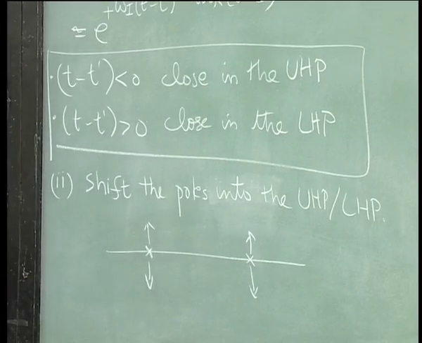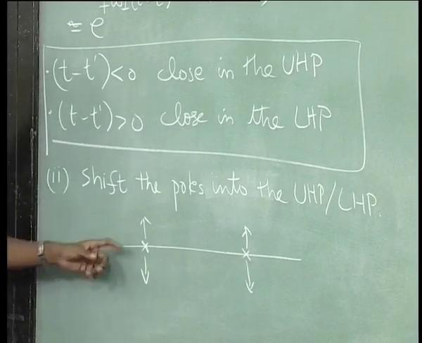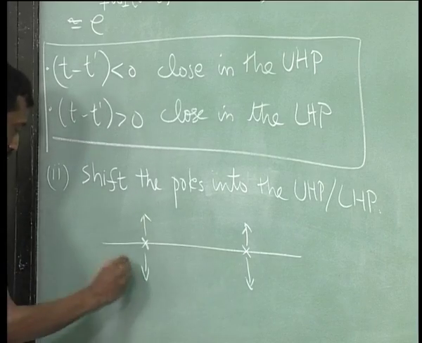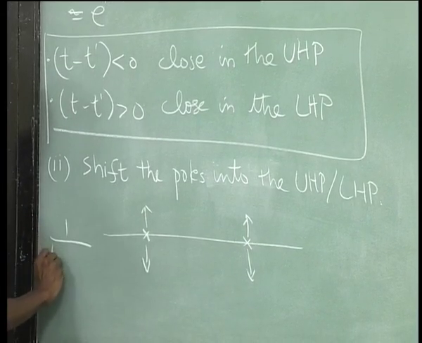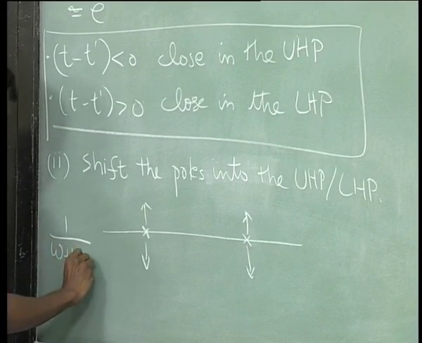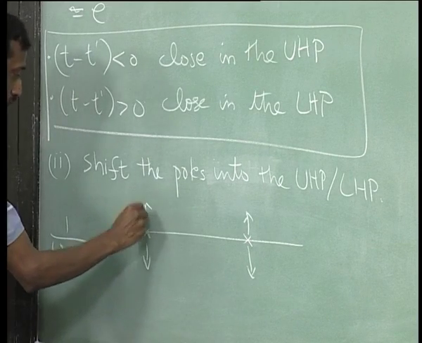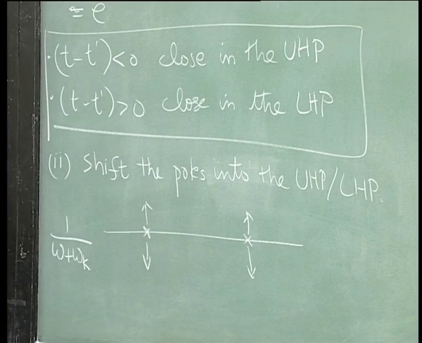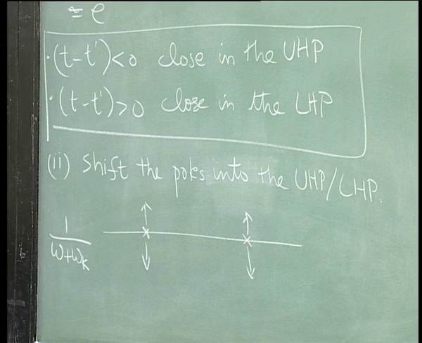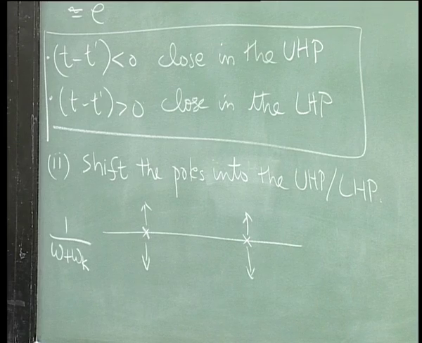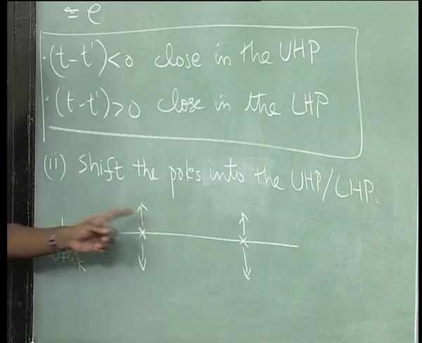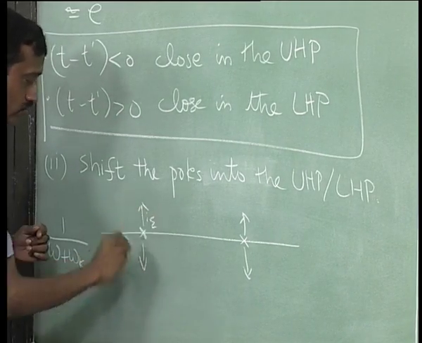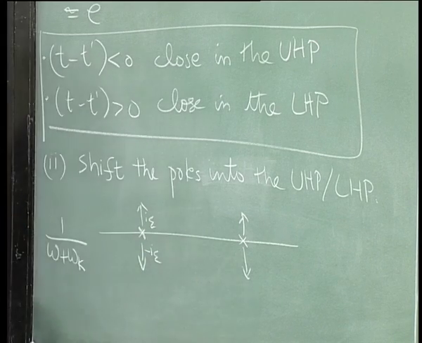Okay. So, the way to go about doing this is, let us focus on this pole term, which is 1 by omega plus omega k. Suppose we wanted to move this to the upper half plane, we will use something called the i epsilon prescription, which corresponds to just adding an i epsilon this way, or this would be minus i epsilon.